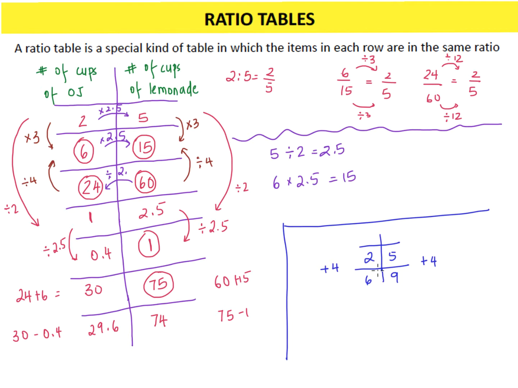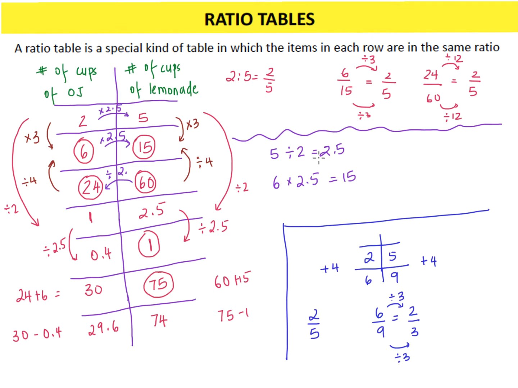Well, my original ratio is 2 to 5. That's my original ratio, 2 to 5. Now I look at the next row, I get 6 over 9, and if I simplify this, I get 2 over 3, because I can divide both top and bottom by 3. That means the ratio actually changed when you added the same number on both sides.